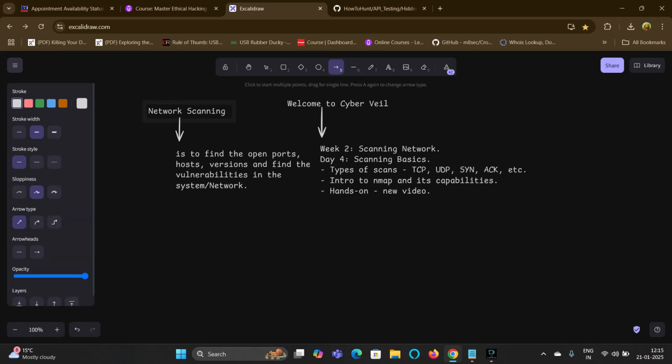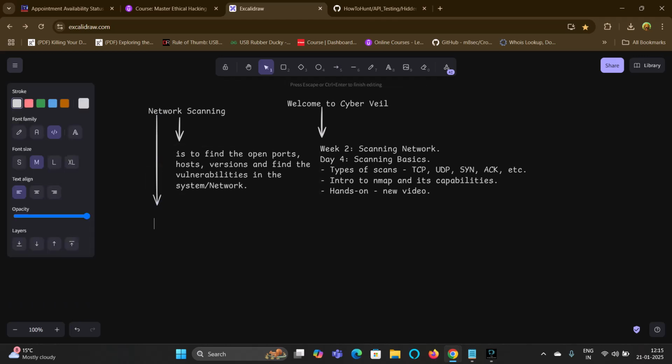In a previous video, I gave you an example of CID. What CID basically does is scan through the crime scene in order to find evidence. It is the same for us.